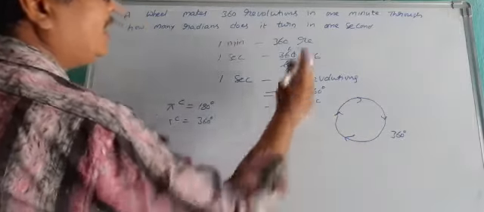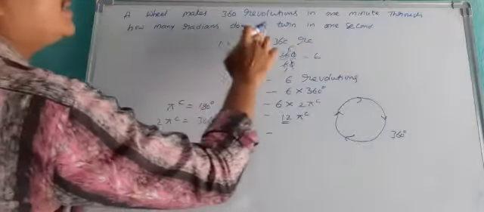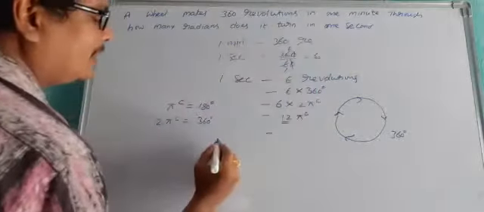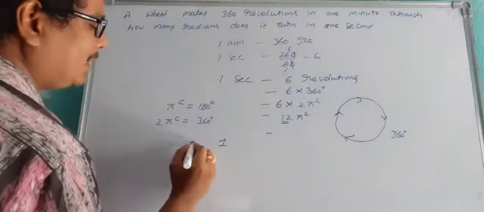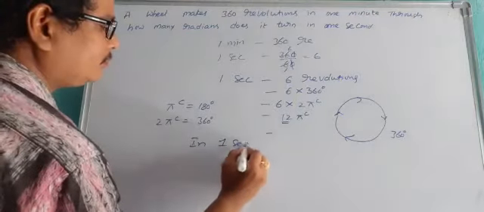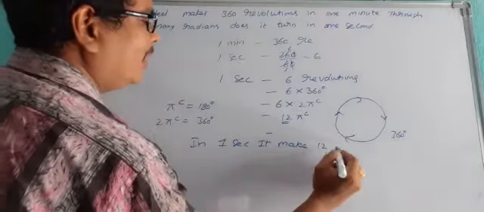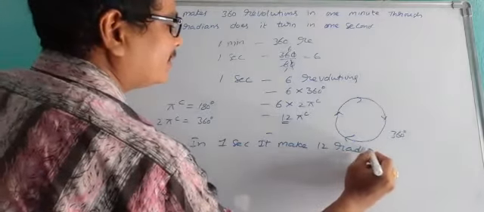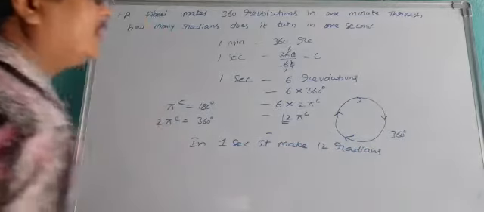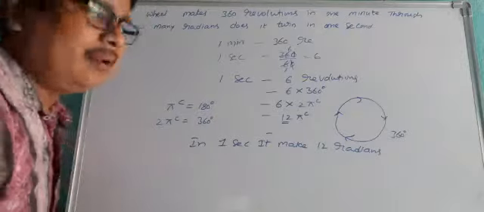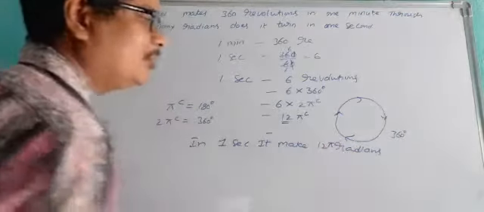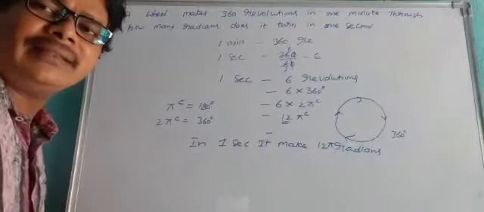So how many radians does it turn in 1 second? It makes 12 pi radians. That is the answer.